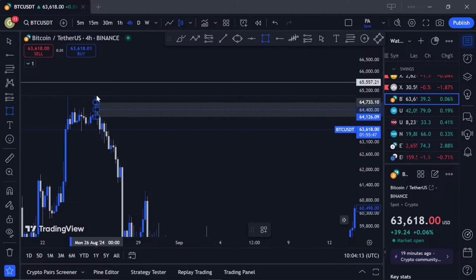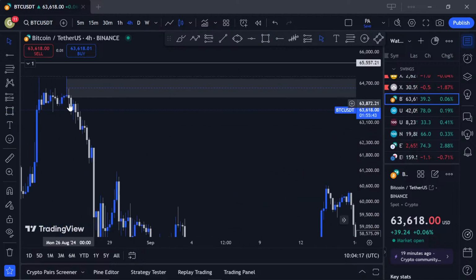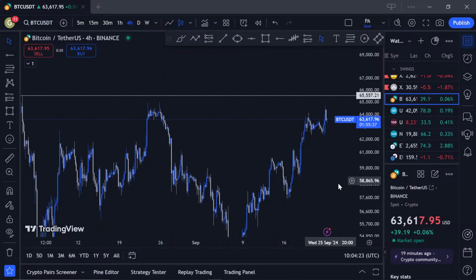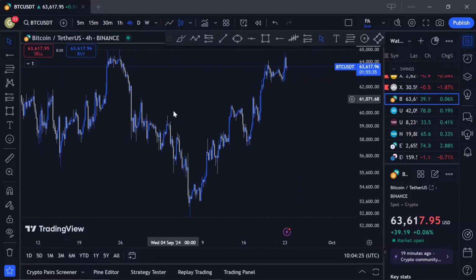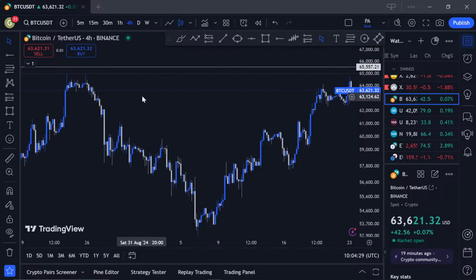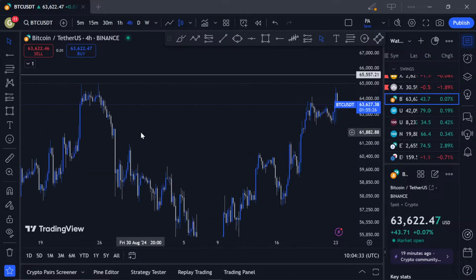Let me see if this supply level is unmitigated. That's been mitigated already. So now let's focus on the 4 hour market price action. It's showing us that the market is looking likely bullish on the 4 hour uptrend.